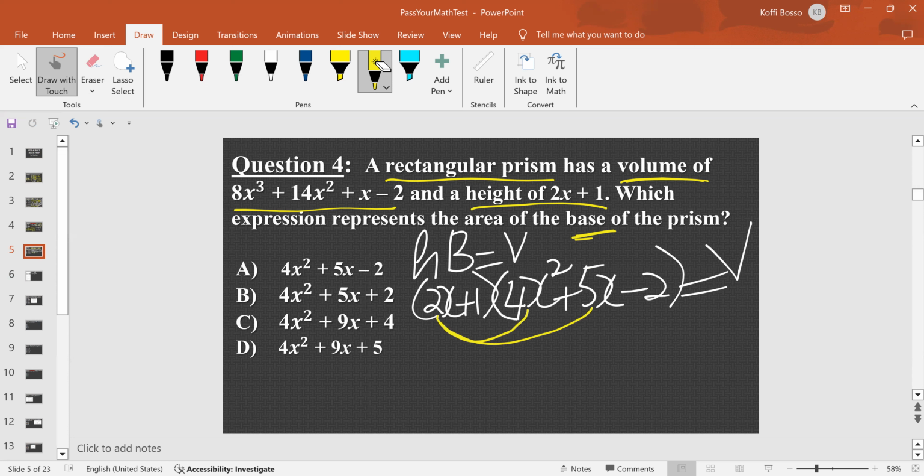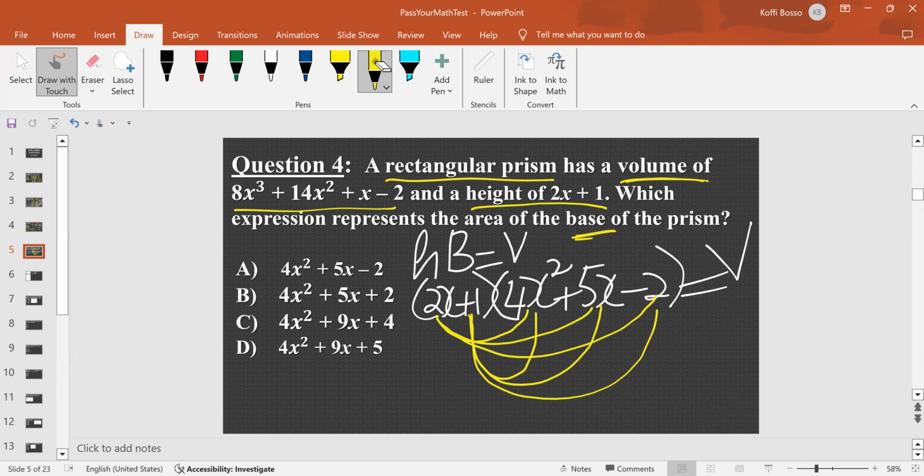You take the same 2x and multiply by negative 2. After that, you take 1 and multiply by 4x squared. You take the same 1 and multiply by 5x. You take the same 1 and multiply by negative 2. And you combine like terms to see which one gives you 8x cubed plus 14x squared plus x minus 2.